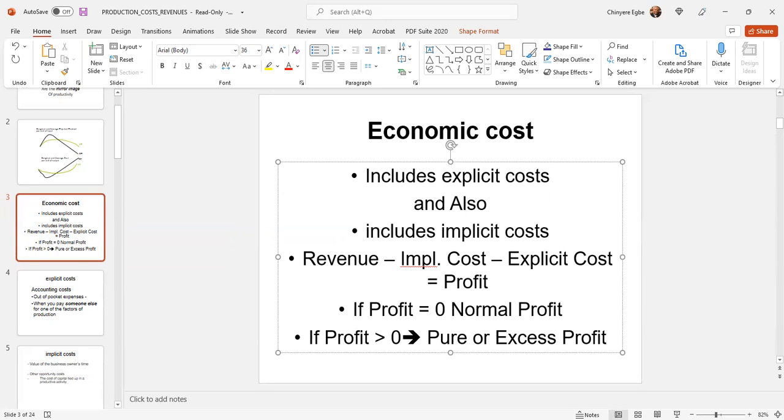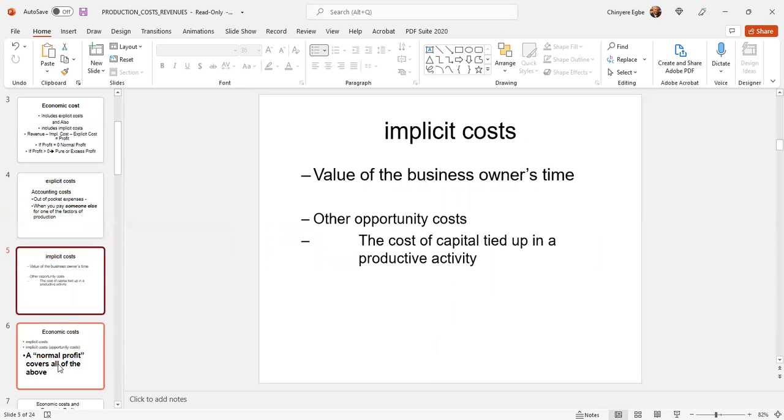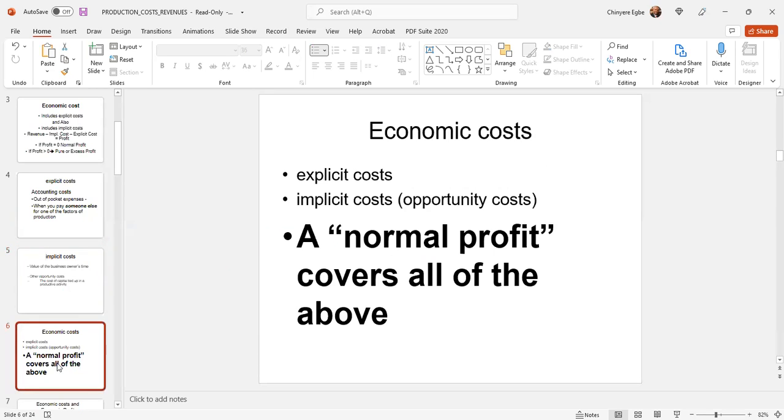Of course, excess profit means that if you have been working for somebody and you were making $50 an hour, and after you deduct that implicit cost, you still make a lot of profit, what's going to happen? Some other chef that knows what you know will now decide, okay, then I want to come into business, because I want to make that kind of profit, because you make more money than you would have made if you were working for somebody.